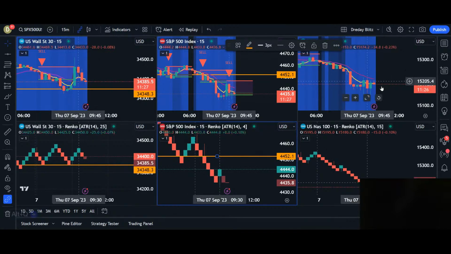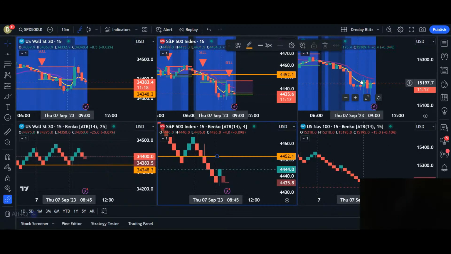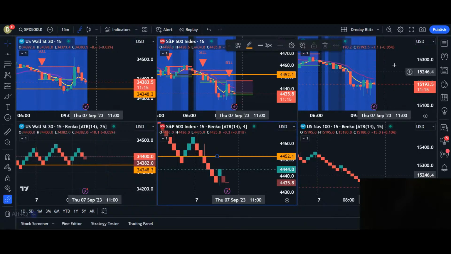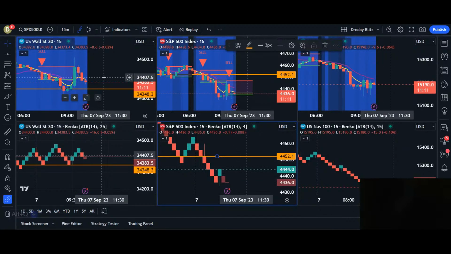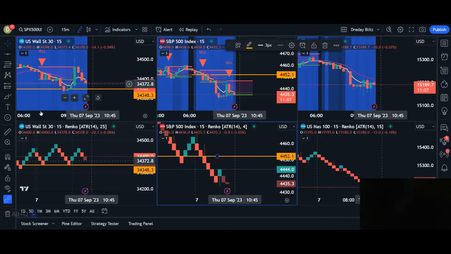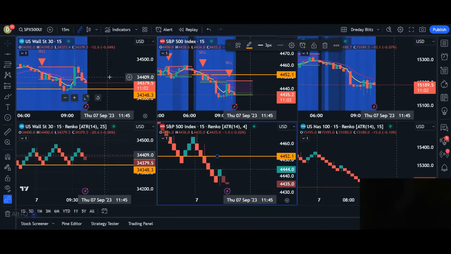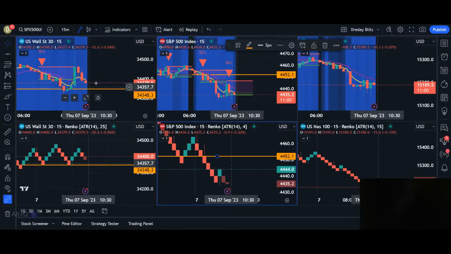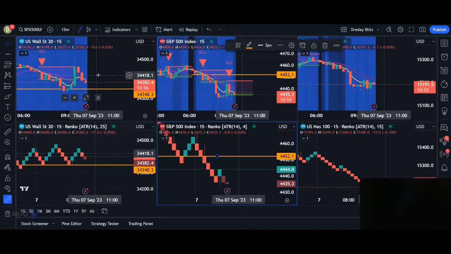And if you look at the EMAs right now, the EMAs are basically squeezing. So right now we don't know if the market will go up or down, but I'm pretty sure it's going to go up based on previous patterns that I did see before. But as you all know, we cannot predict the future. We just react to the market.